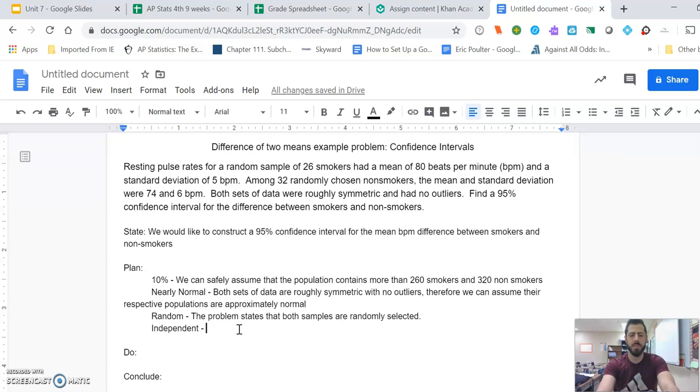It's normally pretty obvious, but it is important that the two samples are independent from one another. So we can just say, we don't think that the BPM for smokers in any way depends on the BPM for non-smokers.